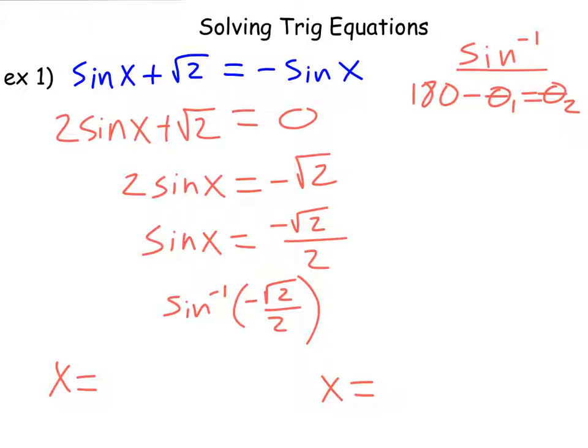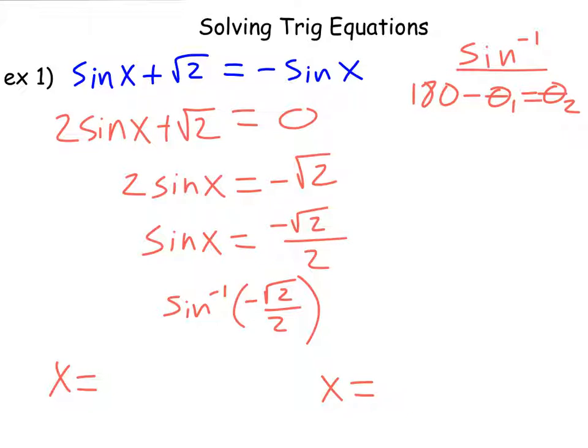When you look at the unit circle, you would notice that this is going to have two solutions. Not every solution is going to be something that you can get from the unit circle, but we have to find a method to get both of these solutions.